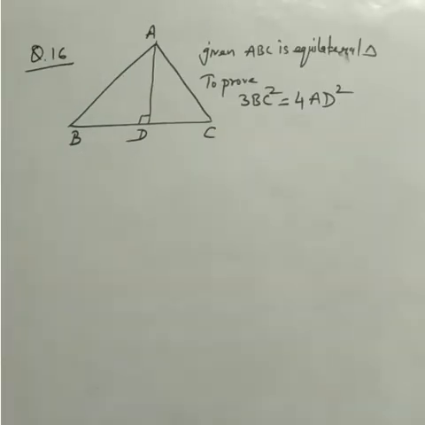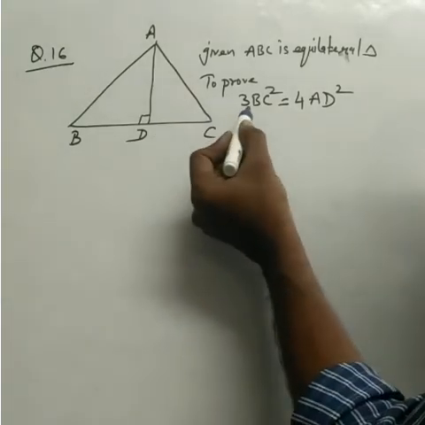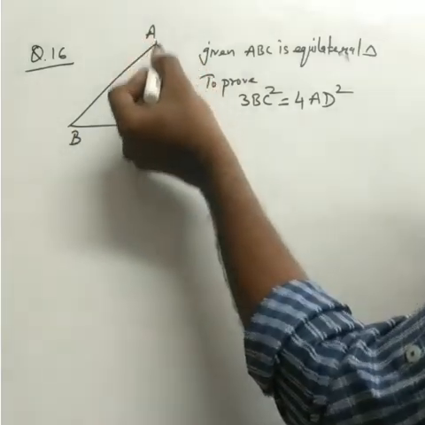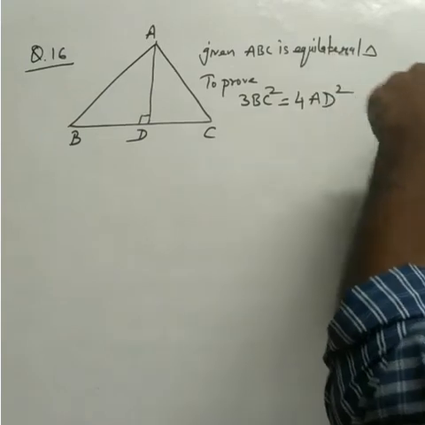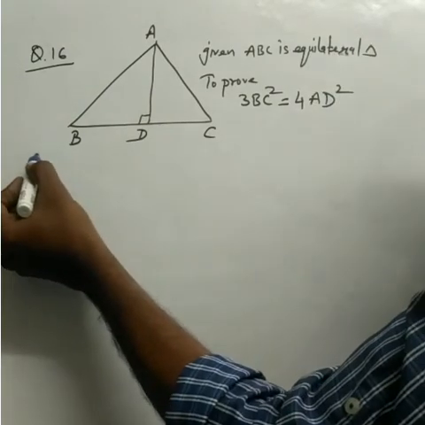Here in question number 16, it is given an equilateral triangle. Prove that 3 times the square of one side is equal to 4 times the square of one of its altitudes. ABC is an equilateral triangle.